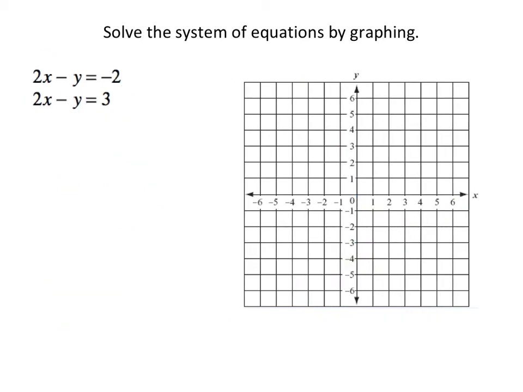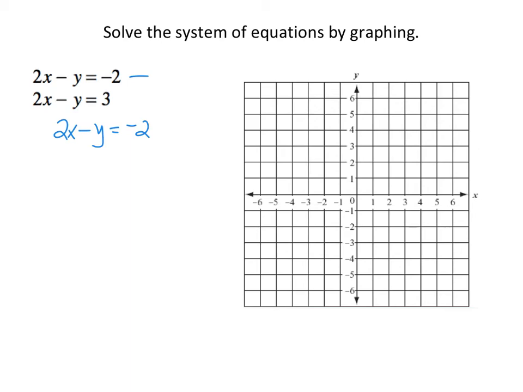Looking at this next example, I'm going to graph them by working with each of them individually, putting them in slope-intercept form, and then graphing them. So looking at this first one, which I'll graph in blue, we have 2x minus y is equal to negative 2. To isolate y, I'll first move this 2x to the other side by subtracting it from both sides.